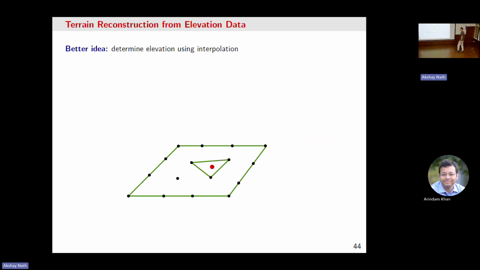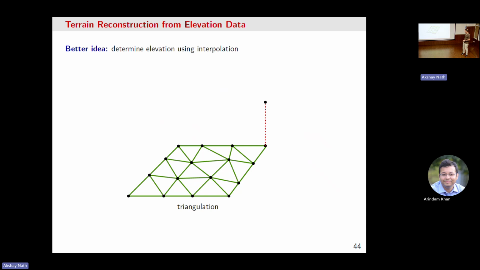So what you want to do, maybe if these are my sample points, is not say, okay, this is the closest, so it's the same elevation as this, but maybe some weighted average of these 3 points. So what you can do is you compute a triangulation whose vertices are the sample points, and then you simply determine the elevation of the points inside the triangle using interpolation of the elevations of the 3 vertices.